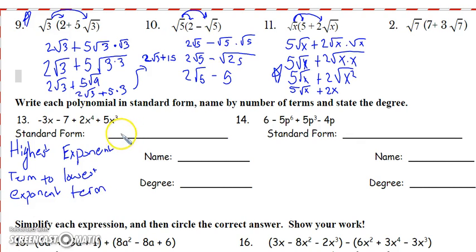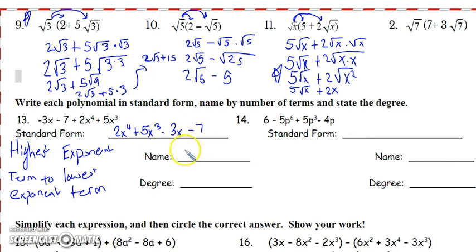Okay, so what we need to do is take our highest exponent term, which is this term right here. We just write it first, 2x to the fourth, plus our next highest exponent term is cubed, so plus 5x cubed, then it goes minus 3x, and then minus 7.